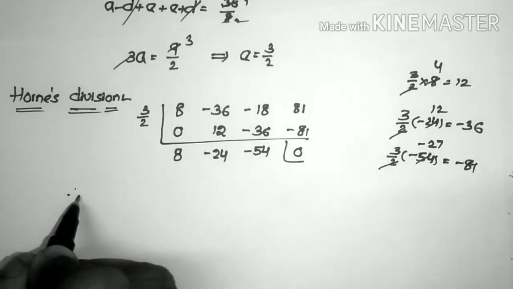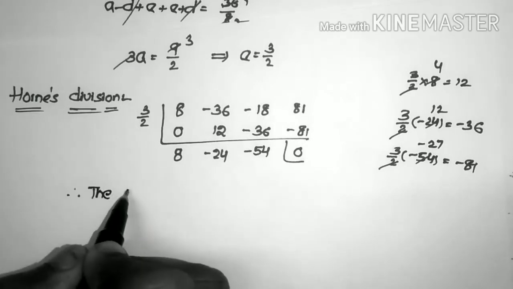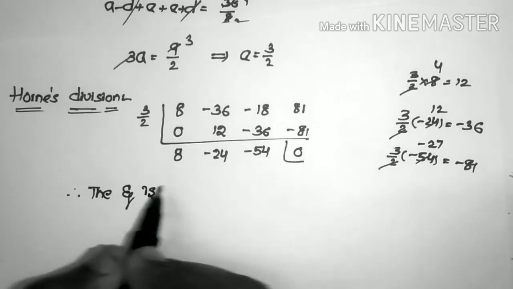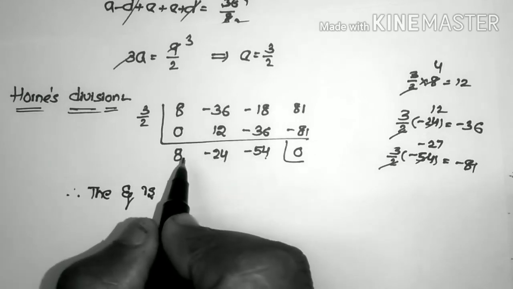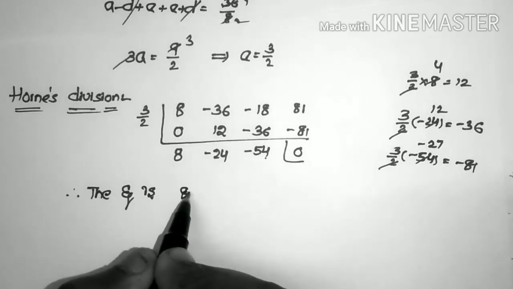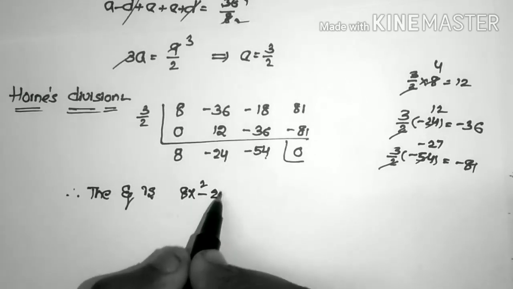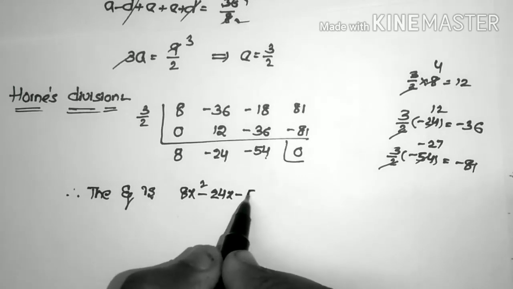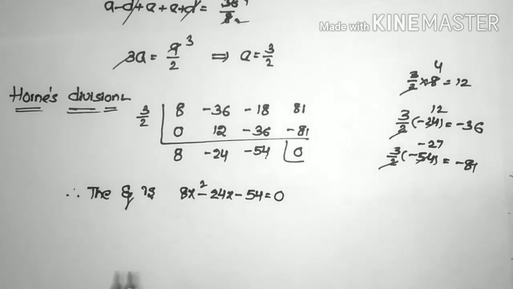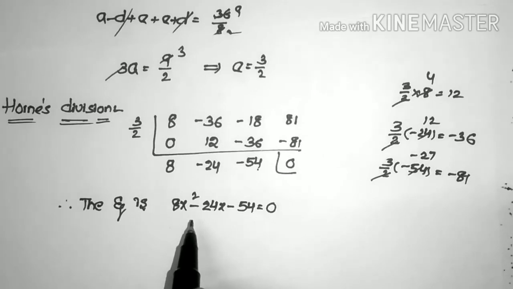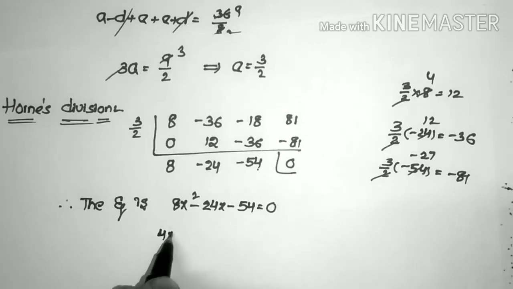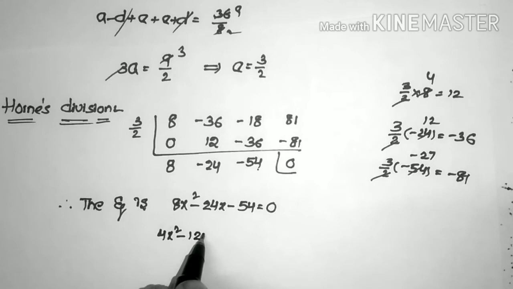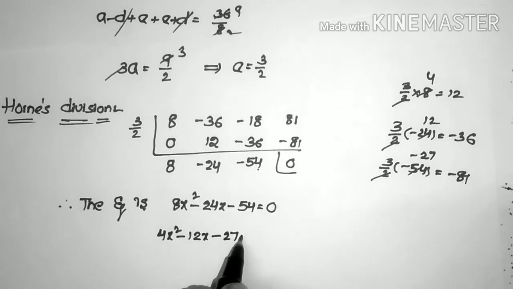Therefore the remaining equation is 8x square minus 24x minus 54 is equal to 0. Cancelling 2, this is 4x square minus 12x minus 27 equal to 0.